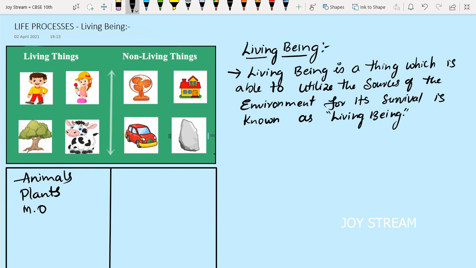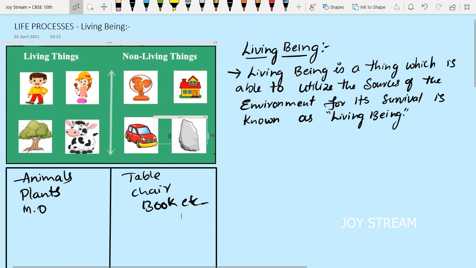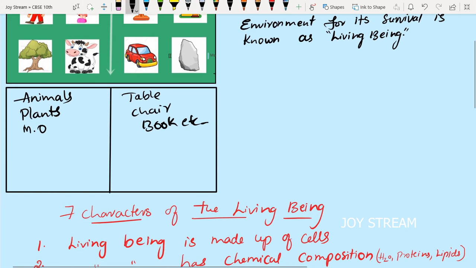When coming to non-living things: table, chair, book, etc. So what differences do you see? What can you observe in living things and what can you observe in non-living things? In living things, animals can breathe, they can eat, they can move, they can grow.